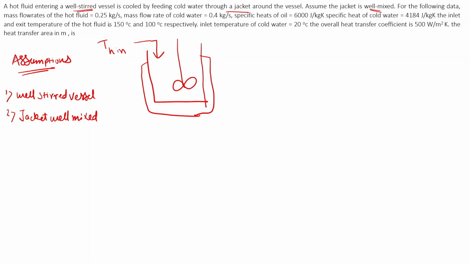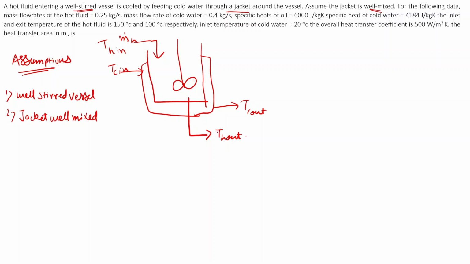We have been given the mass flow rate of the hot fluid, m dot h, and the mass flow rate of cold water. Let's assume the cold water will come from here, and the exit is this Tc out. Similarly, the outlet of the hot fluid is Th out.